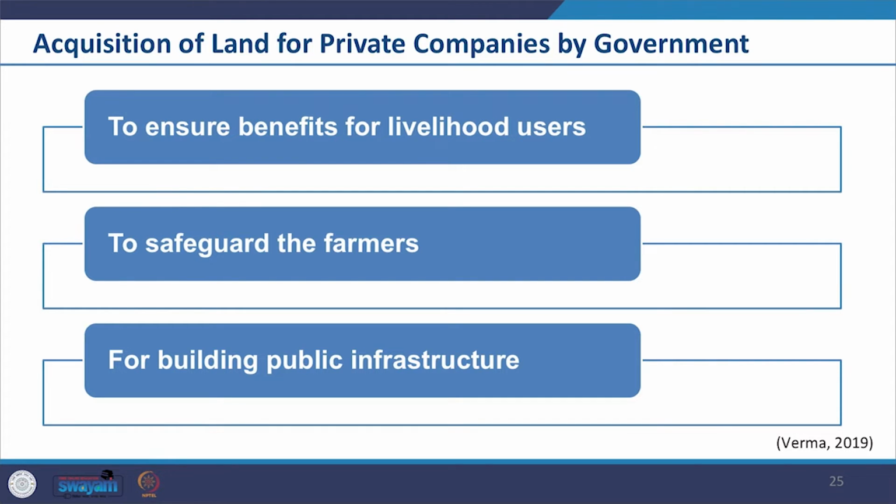Further, the author explains we need this intervention for building public infrastructure. We see that a legitimate need is there for acquisition by the state itself to build public goods such as roads, schools, and hospitals. And this can be undermined and stalled by groups with vested interests.